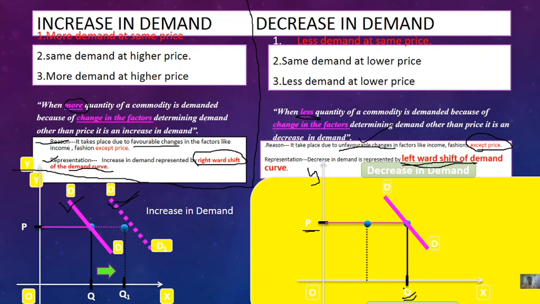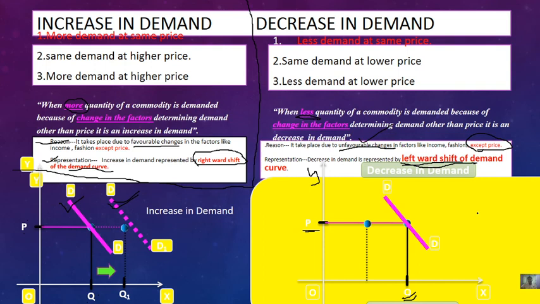Due to unfavorable changes in the factors which determine demand other than price, in this graph also there is no change in price, but there is a change in demand.